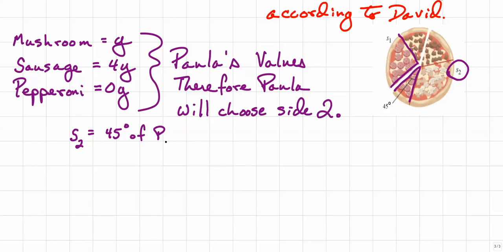And we're going to add to that a full serving of sausage, which is this. So we'll just call that S. And then we're going to add to that a half serving. I'm sorry, this should be mushrooms. This is mushrooms, not sausage. And we're going to add a half serving of sausage.